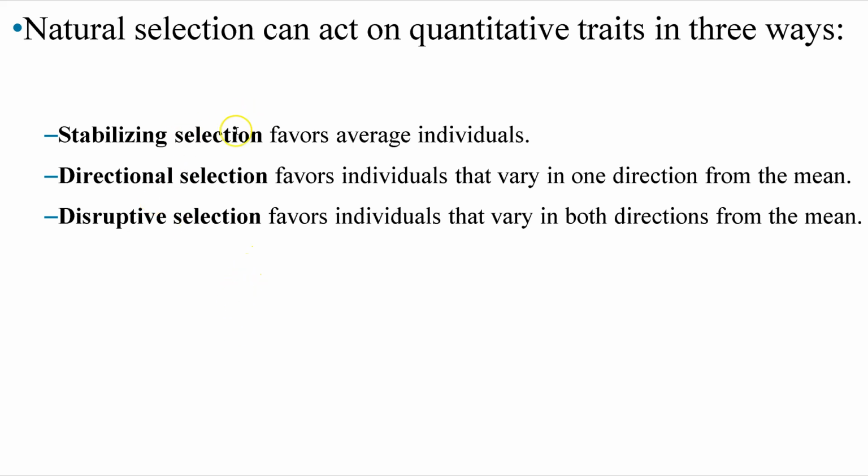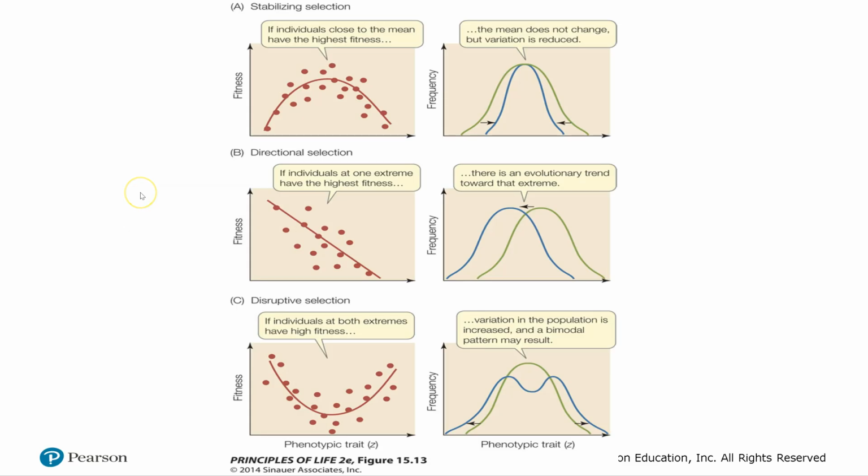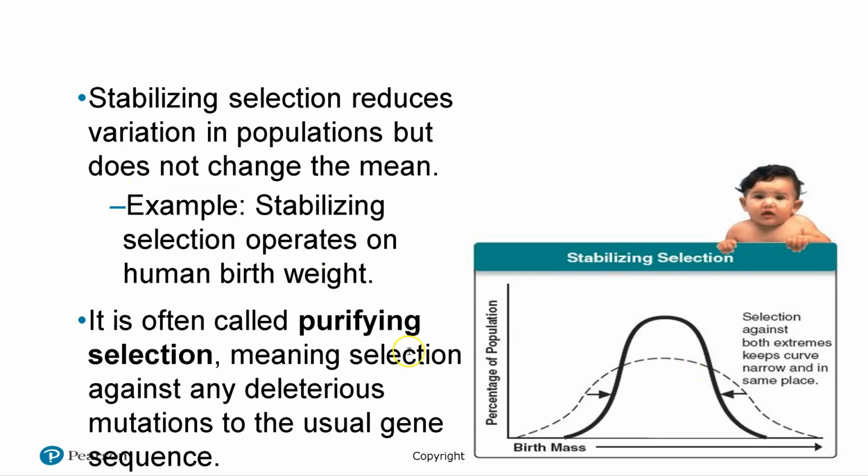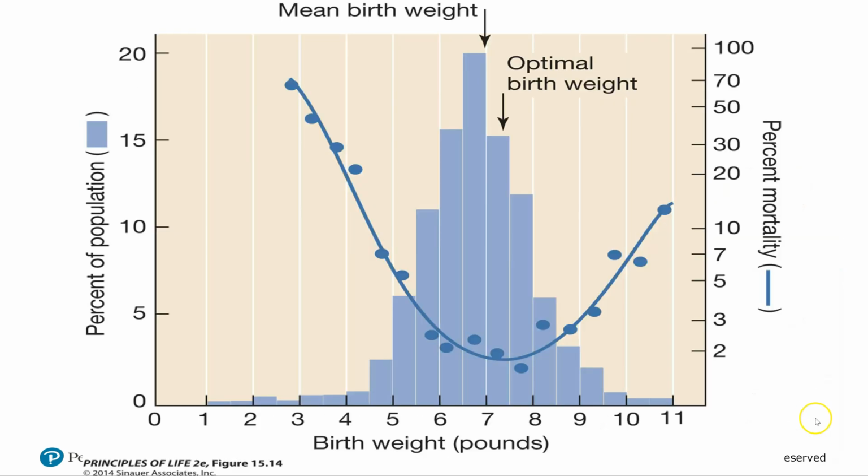There are a couple of different ways natural selection can act on quantitative traits: stabilizing, directional, and disruptive. Stabilizing is often called purifying selection, and we're selecting for the mean. An example of this is birth weight. Low birth weight and high birth weight increase mortality, for a lot of different reasons.